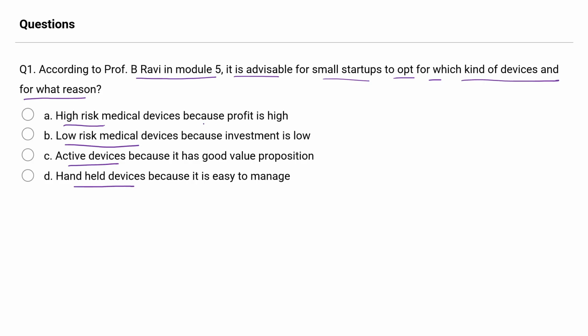So, high risk medical device because profit is high, low risk because investment is low, active device because it has a good value proposition, or handheld device which is easier to manage. Take your time and let me know what could be the right answer. Just read it multiple times and you will understand what the right answer is.